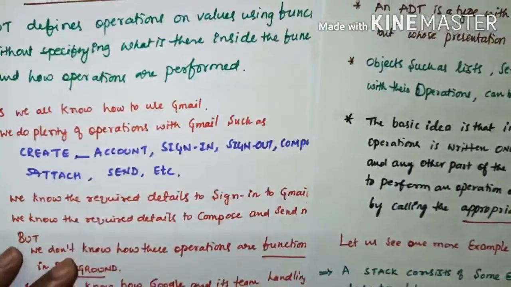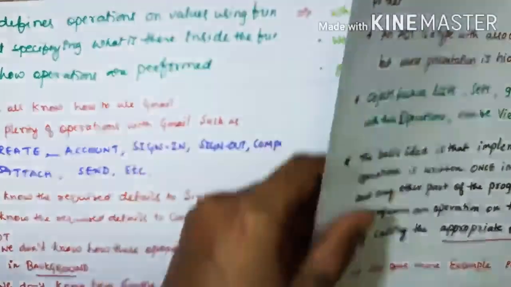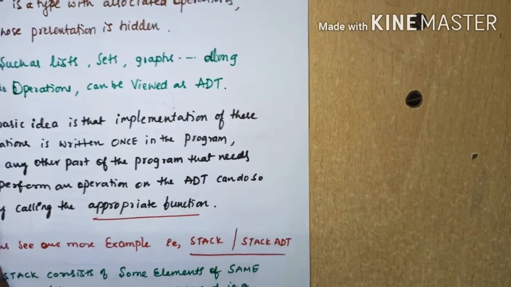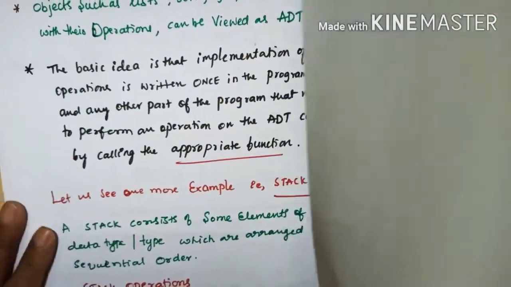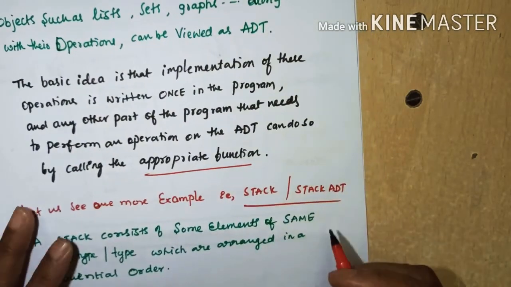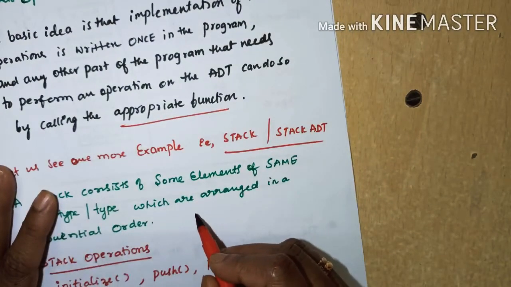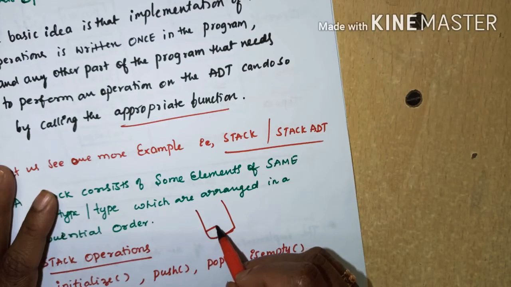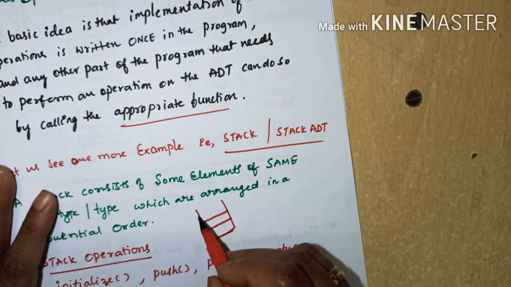See, I'll give one more example, that is called a stack. I already discussed the stack. The stack is a data structure which stores the elements continuously, one above the another.